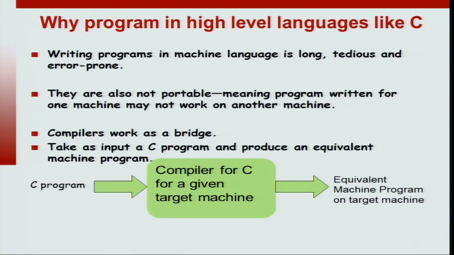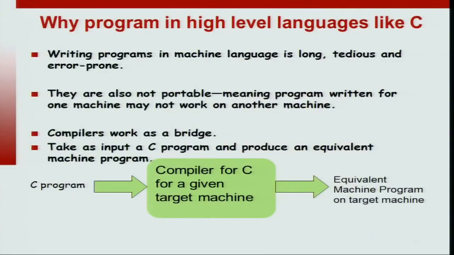So writing machine language code is very long, it's very tedious, and is particularly prone to errors. Also, they are not portable. If you write machine code for a particular processor, let's say you're writing the code for an Intel processor and you translate it to an AMD machine, it might not work. Whereas if you take your C code and compile it on another machine, it will run on that machine.